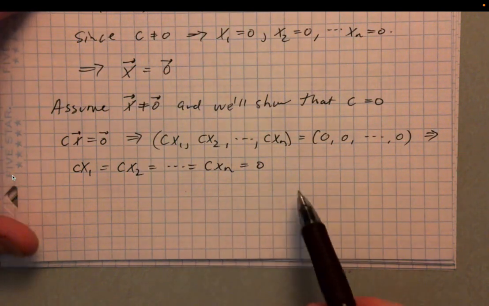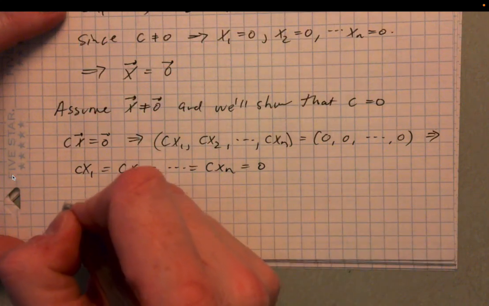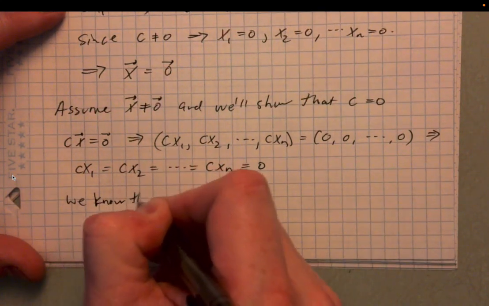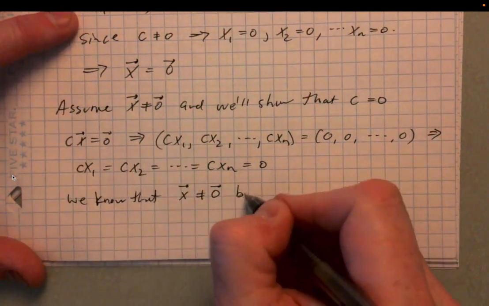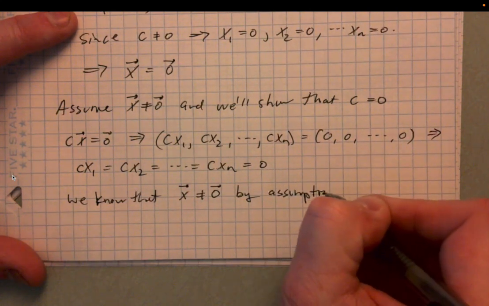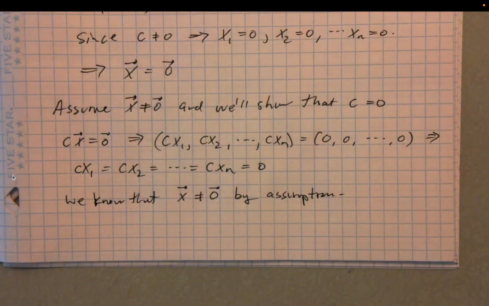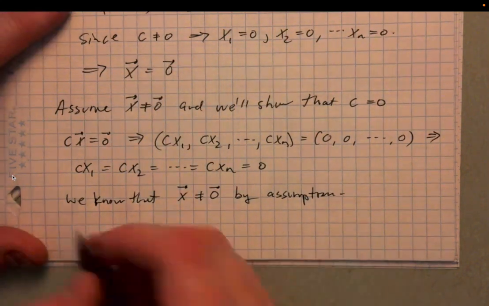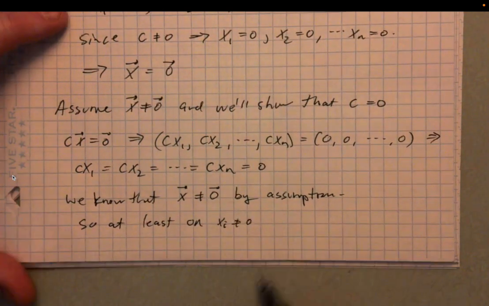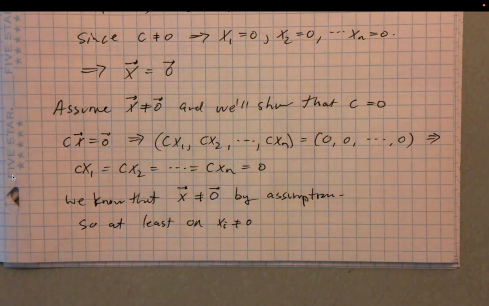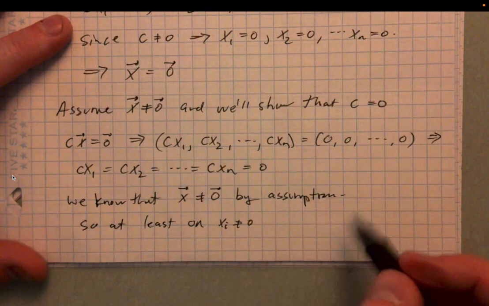Now, we know that x is non-zero. We know that x is not equal to the 0 vector. That's by assumption. And what does that mean? Well, that just means that some xi is non-zero. Maybe all of them are non-zero, but maybe only one of them is non-zero. So if some xi is non-zero, let's just assume xi is non-zero.